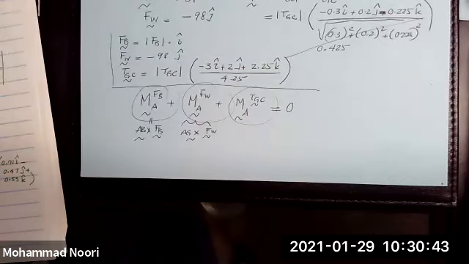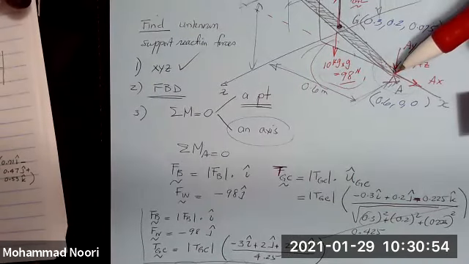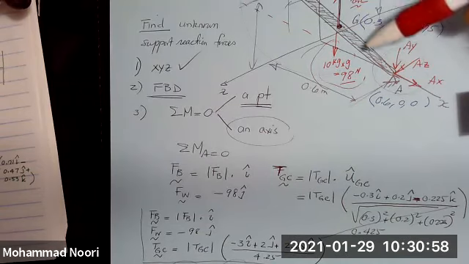For this position vector, you need to connect point A to anywhere along this line, right? So I would consider AG. You can consider also AC as the position vector.